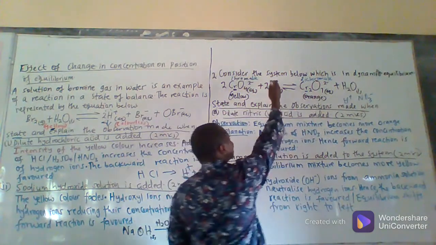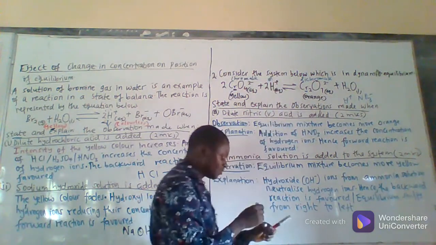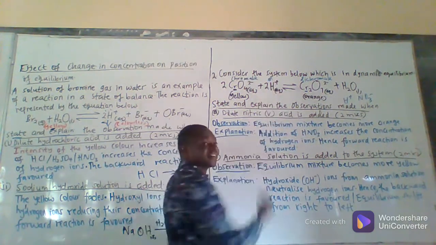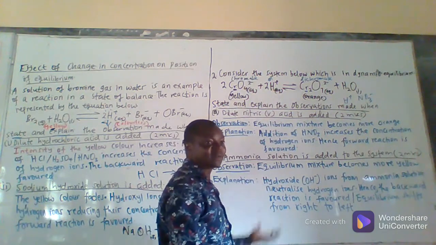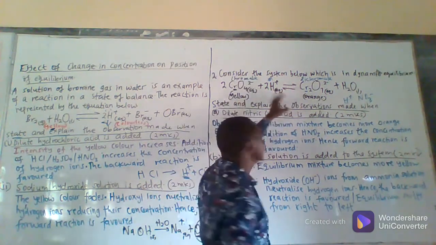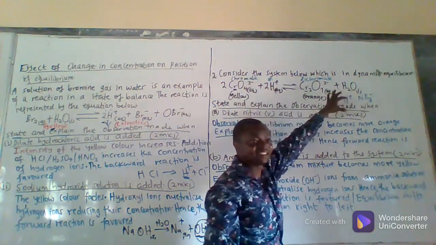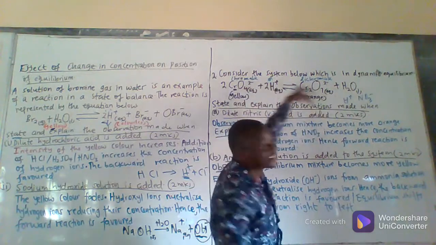So that is going to increase the concentration of hydrogen ions, and it disrupts equilibrium, and therefore the forward reaction is going to be favored, or rather equilibrium position is going to shift from left to right.